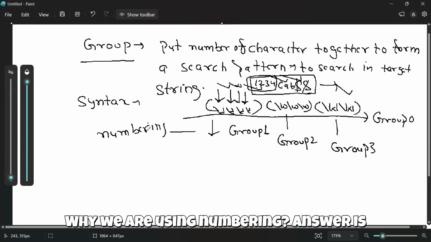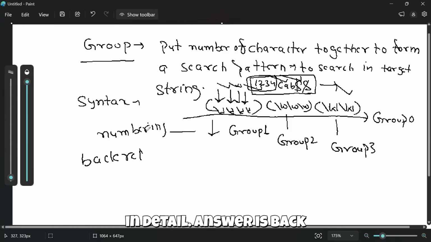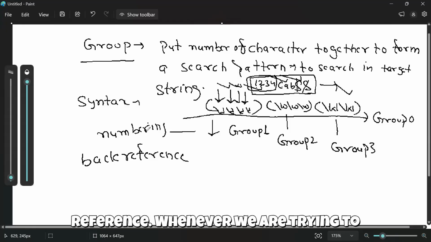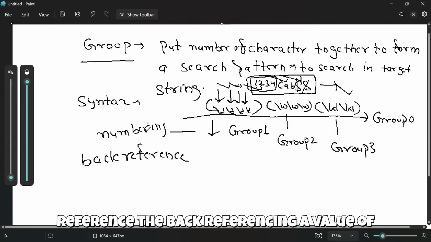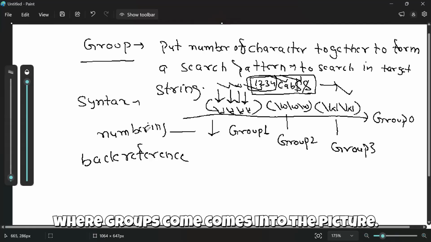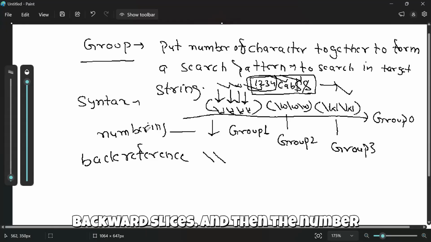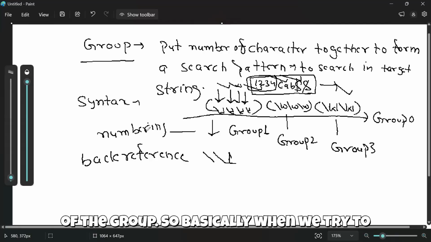Why are we using numbering? The answer is back reference. We have already discussed it in detail. Whenever we are back referencing a value of a group stored in the memory, that's where groups come into the picture. It is represented by the backward slash and then the number of the group.